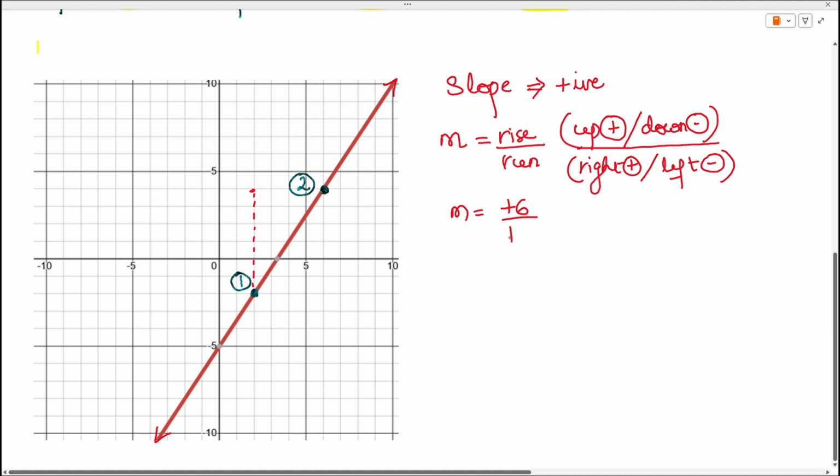So it's again positive, but how many units? 1, 2, 3, and 4. So plus 4, and positive 6 over positive 4 is just 3 over 2. So the slope of the line is 3 over 2, and it looks good because we were supposed to have a positive slope and our slope for this line is positive.